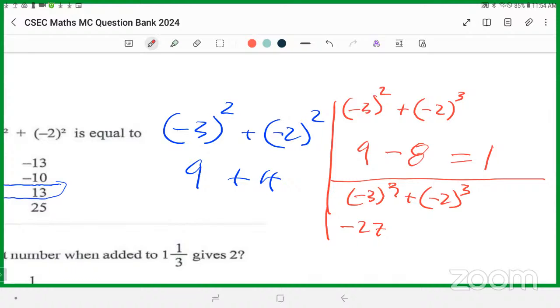So if you raise a negative number to an odd power, it becomes negative. If you raise a positive number to an odd power, it comes back positive anyway. So this will be negative 27, and this will be negative 8. So that's what you'll be working out. Negative 27, negative 8. What does that work out to? 27 and 8 is how much? 35. Negative 35. That will be that one. All right, so look out for stuff like this.